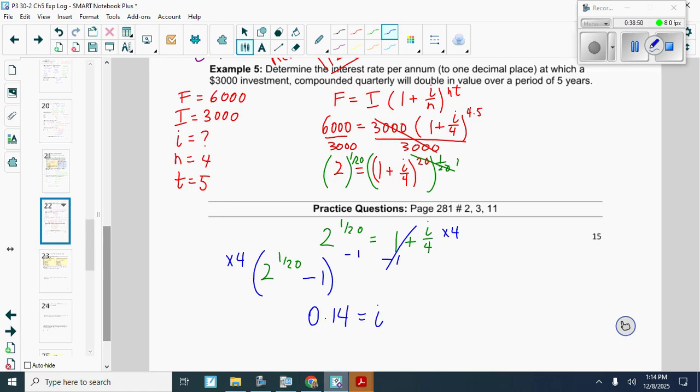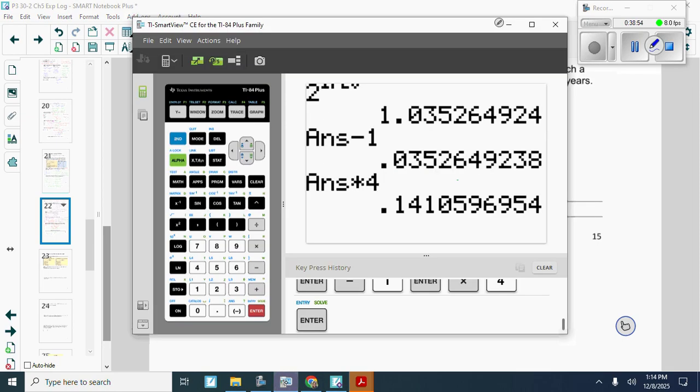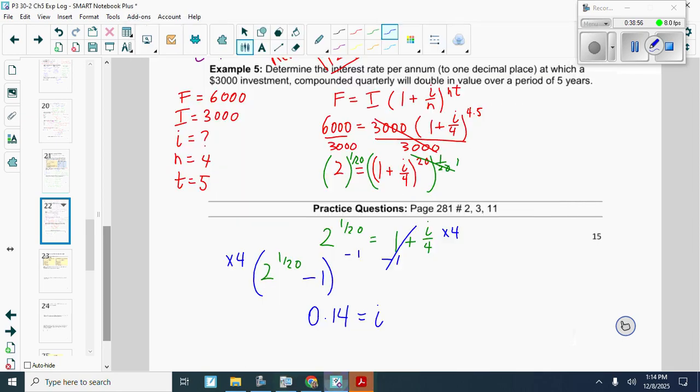It asks us to, let me do a little bit more, 0.141. Remember, this is in decimal form, and we want to give the interest rate in percent.